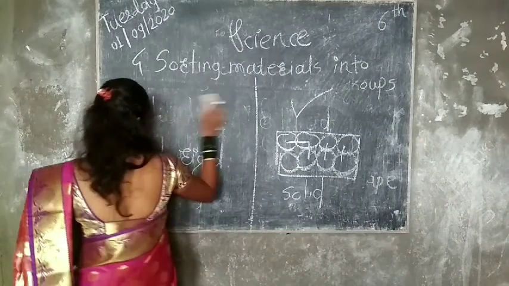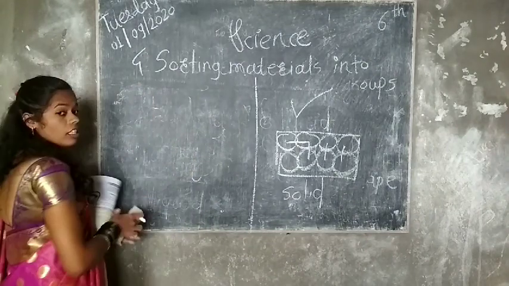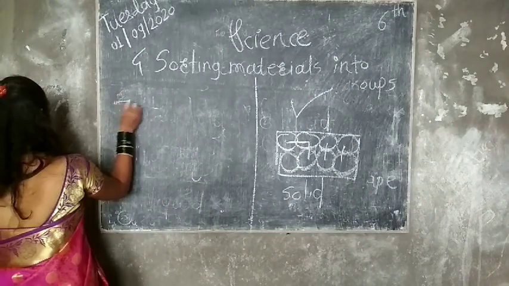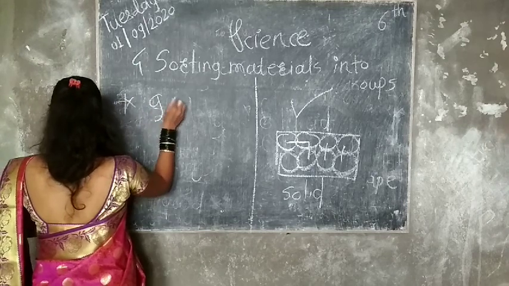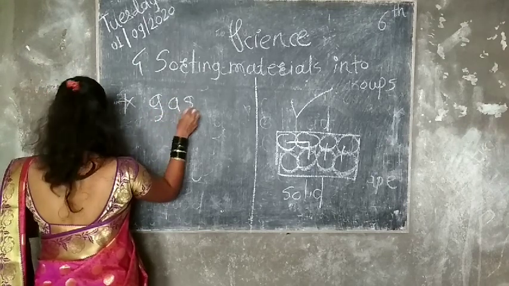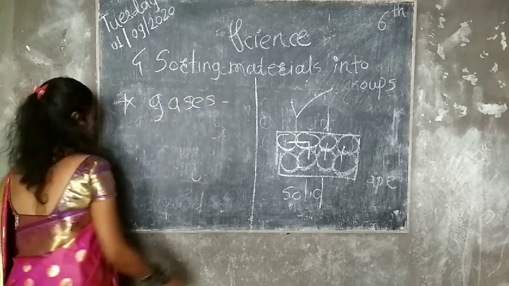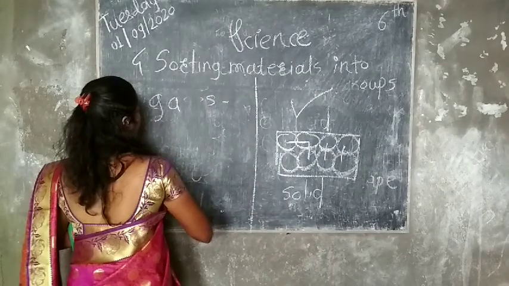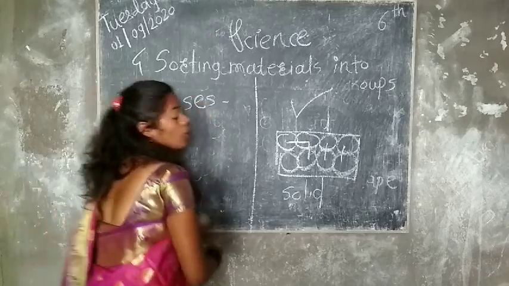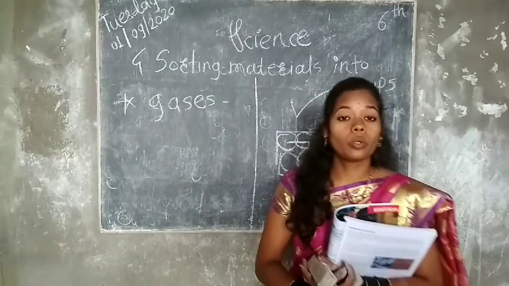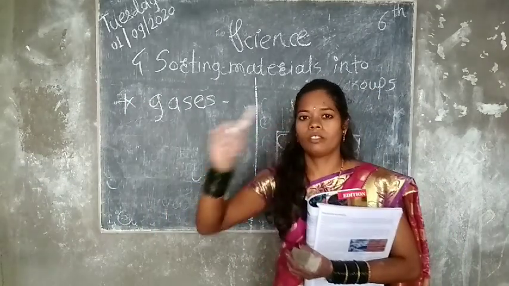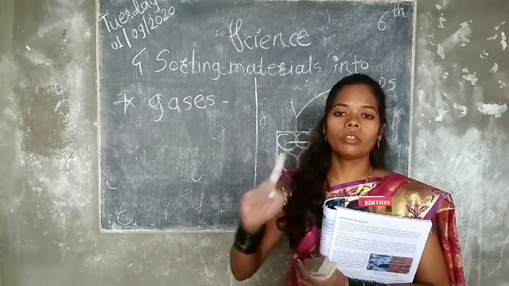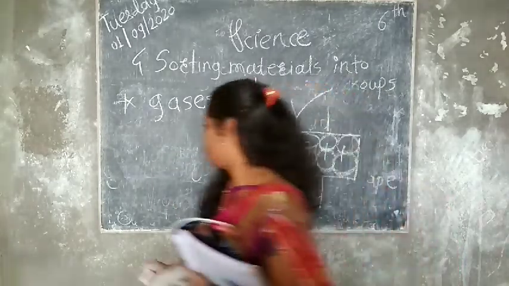So the next state of matter, which is very necessary, is gases. Gases don't have any definite volume, and they don't have a definite shape.